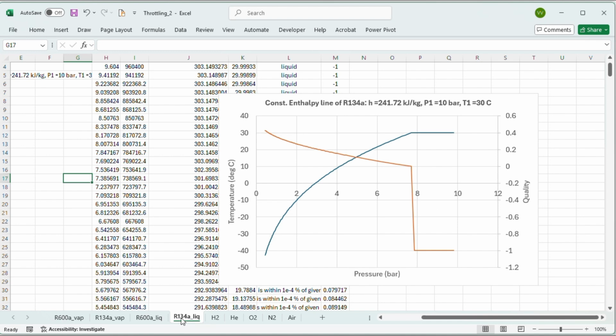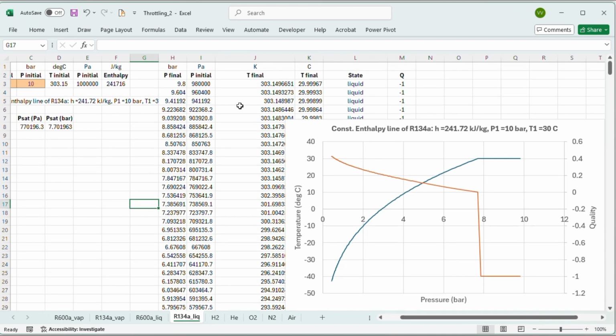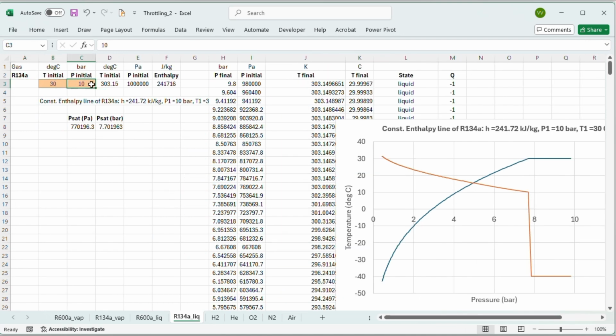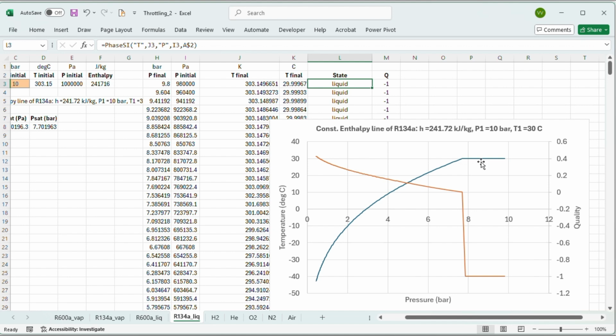So if you're considering R134 as a liquid, which it is, and you can confirm that using the phase SI function, if you chose the initial condition 30 and 10, you're mostly in liquid state. If that is the inlet and you do a constant enthalpy line, you'll see that the constant enthalpy line quickly drops in temperature as you drop in pressure.